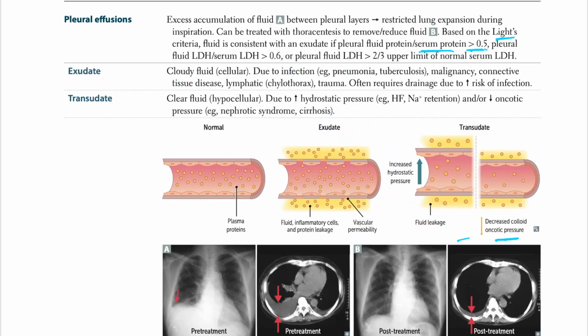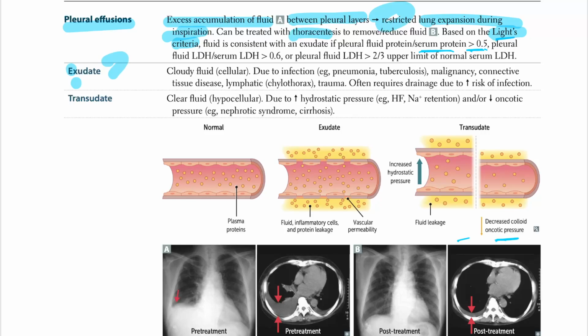So we have, again, simple things. Pleural effusion is the excess accumulation of fluid between the pleural layers, which would restrict the lung from expanding during inspiration. You can do thoracentesis to remove that excess fluid. It is all based on Light's criteria, which means the exudate has extra things, meaning greater, all the greater stuff, and the transudate has lower things, less stuff.